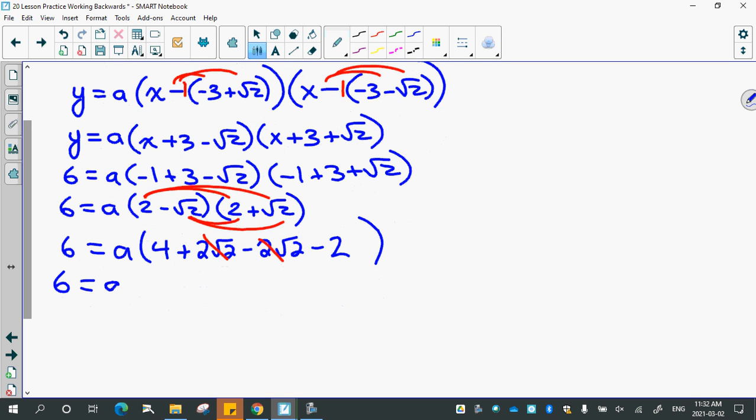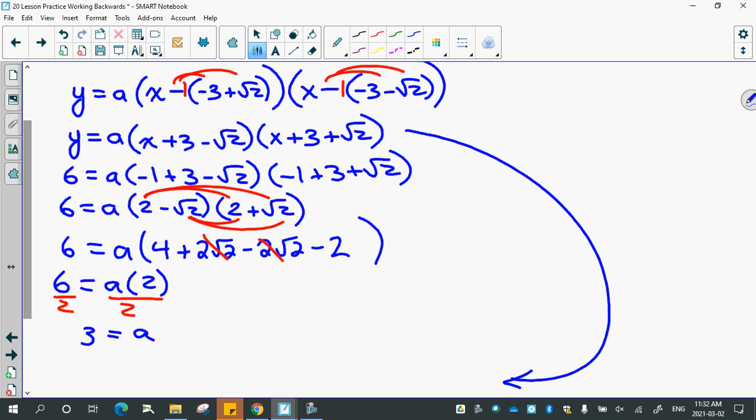So I've got 6 equals a times 2. Divide by 2 to get a. And we've got a equals 3. Now we know a equals 3. We want to take this line and rewrite it with a being 3. So y equals 3, x plus 3 minus root 2, x plus 3 plus root 2.